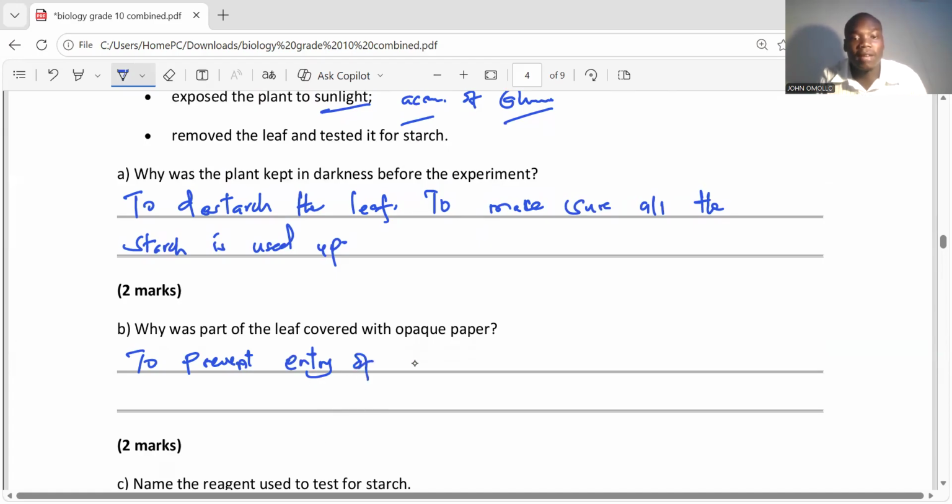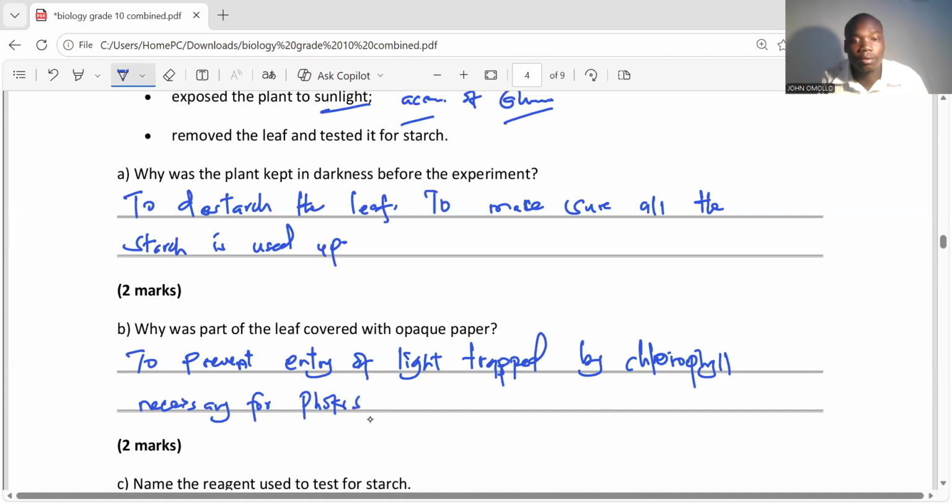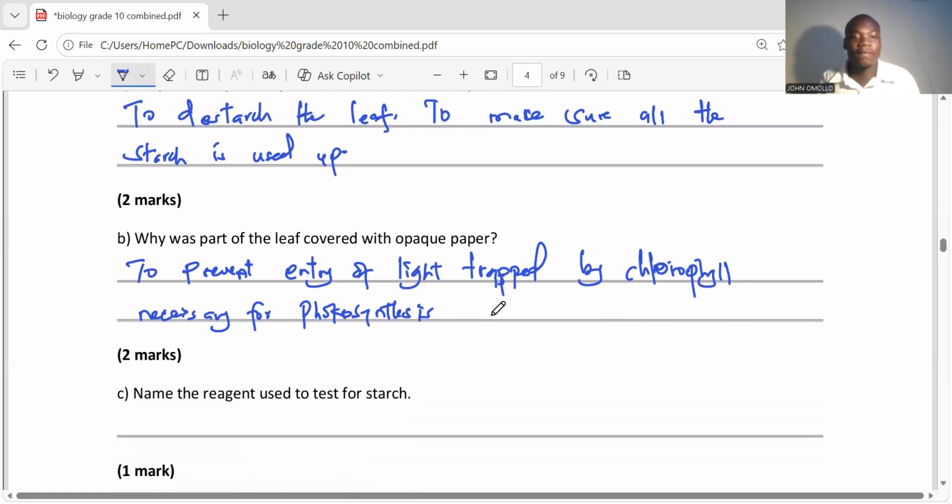To prevent entry of light trapped by chlorophyll, necessary for photosynthesis. A very nice point.